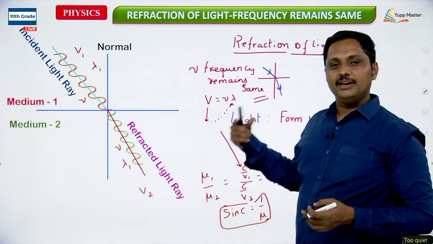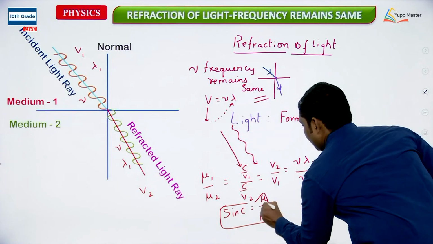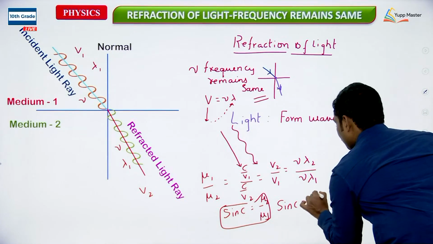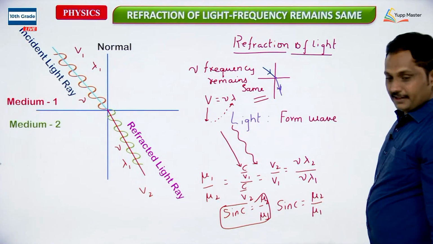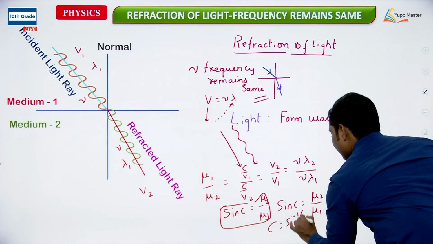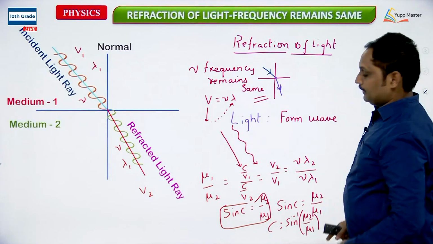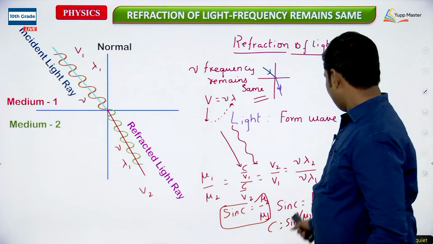Instead of air we have taken one medium, we can write this formula as mu 2 by mu 1. So sin C is equal to mu 2 by mu 1, very clear. So C is equal to sin inverse mu 2 by mu 1, very clear. We are going to solve this and get these relations, all right.